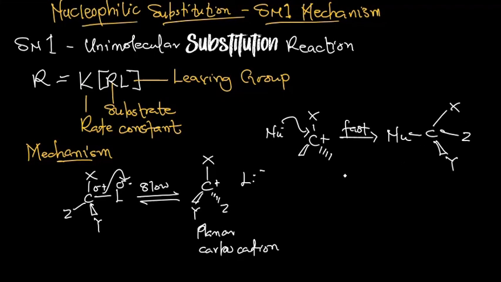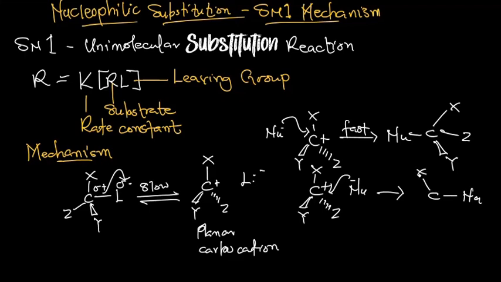All right. Now, this can also occur from the other side when we have the nucleophile attacking from the other side. So we have X. Remember, this is Y, and this is Z. So we have Y here and Z. This time, when the nucleophile attacks from this direction, that means that the product we are going to have is going to be C bonded to the nucleophile at this side, and then the X is going to be here.